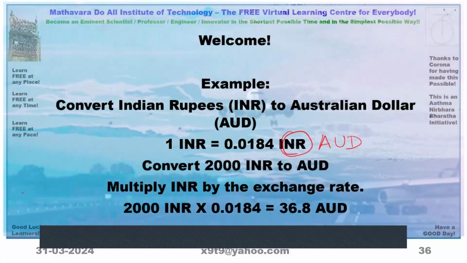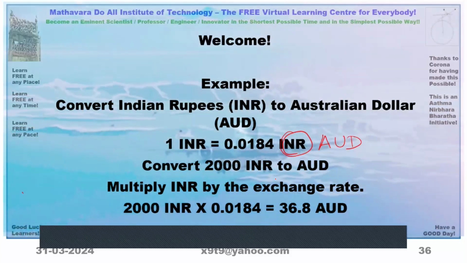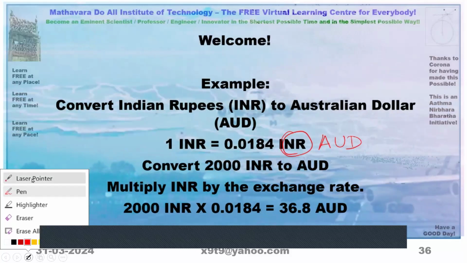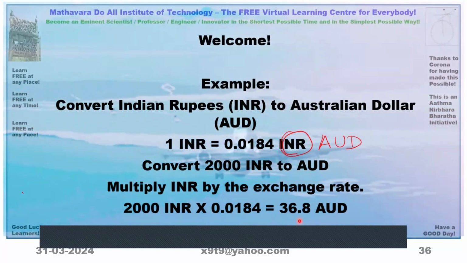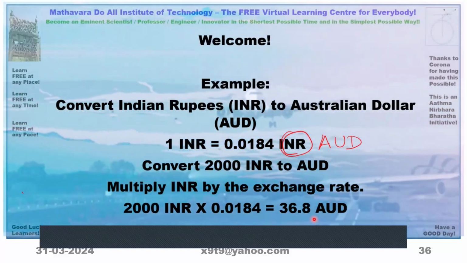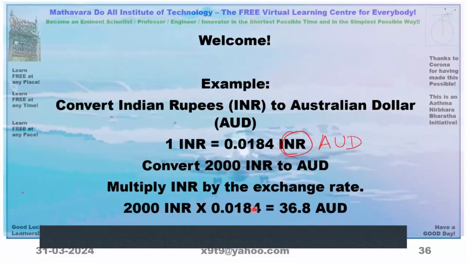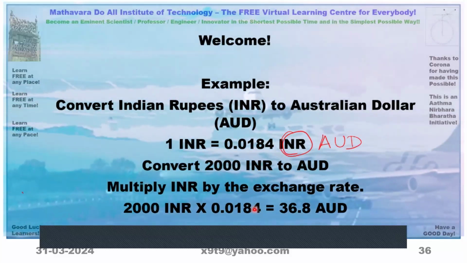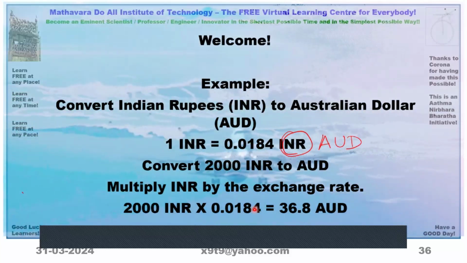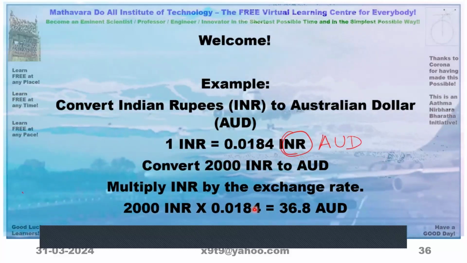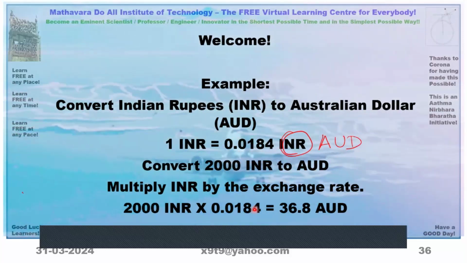That will give 36.8 Australian dollars. So multiply 2000 by 0.0184. So is it okay? Yeah, it's 36.8.